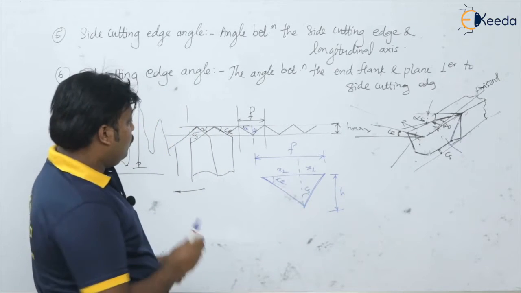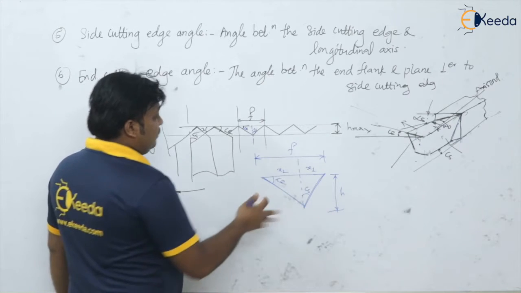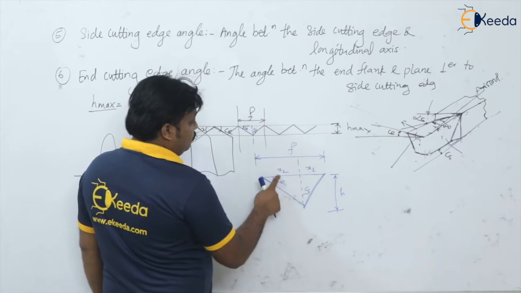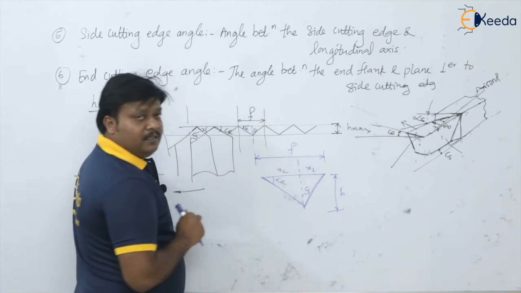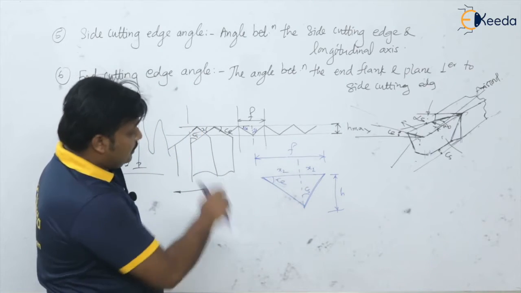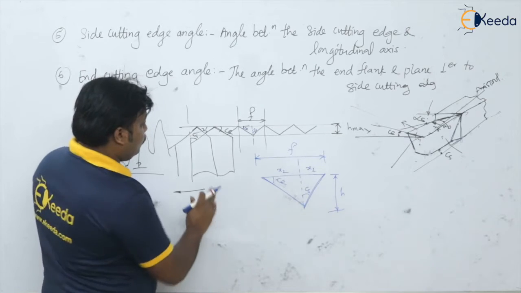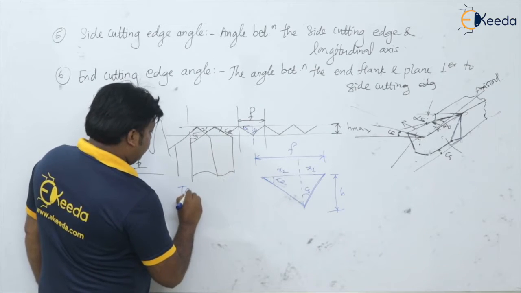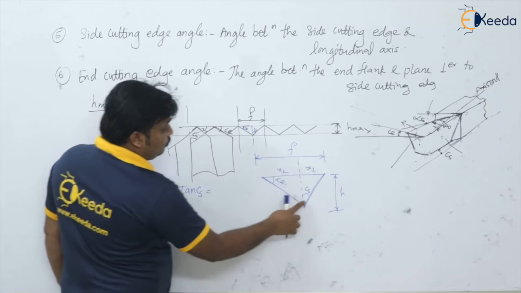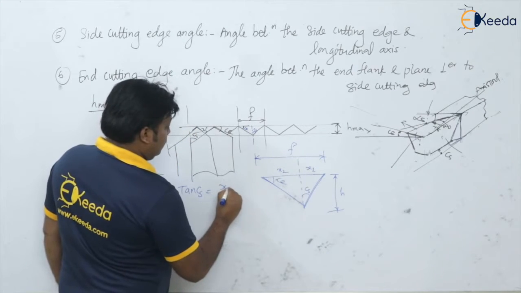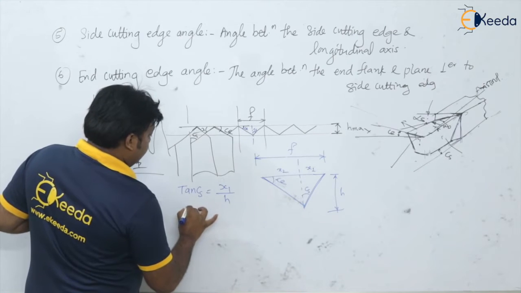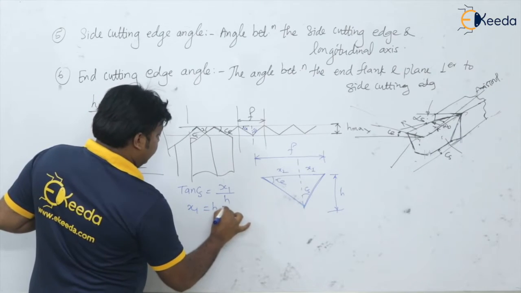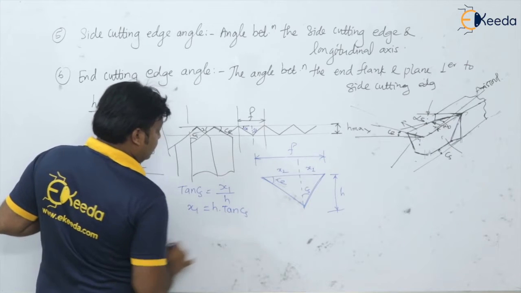So from this, if we calculate the values of x1 and x2, the addition of these is equal to the feed. Then how can you get the relation? Let us go on calculation. I can write tan of angle CS is equal to x1 divided by H, that is x1 is H times tan of CS.